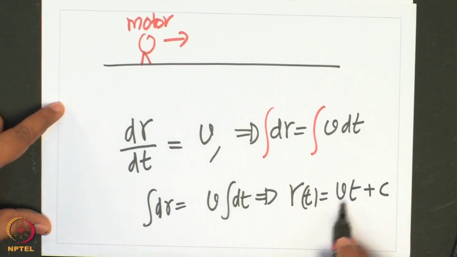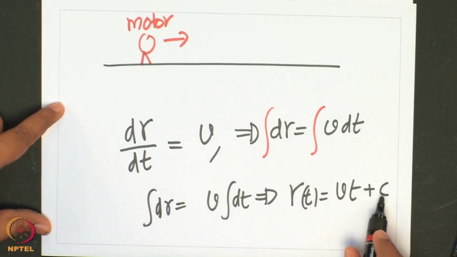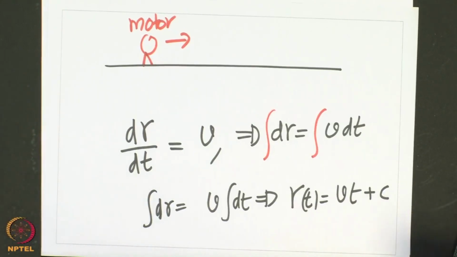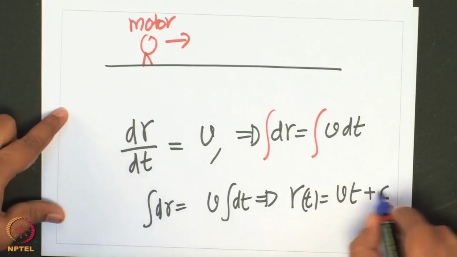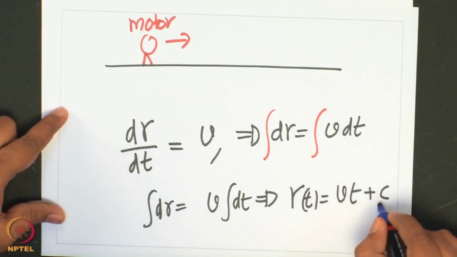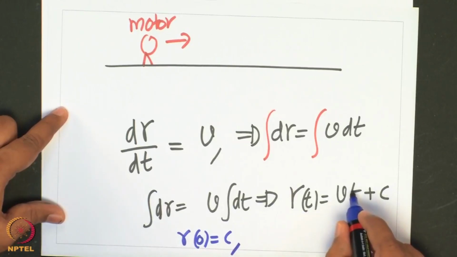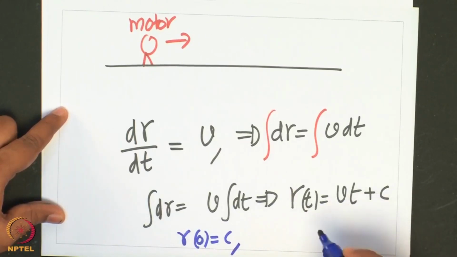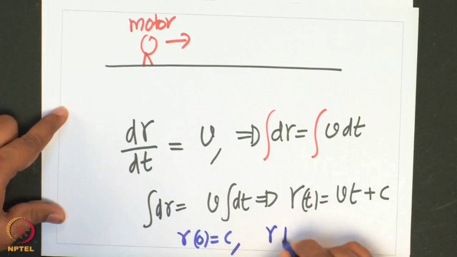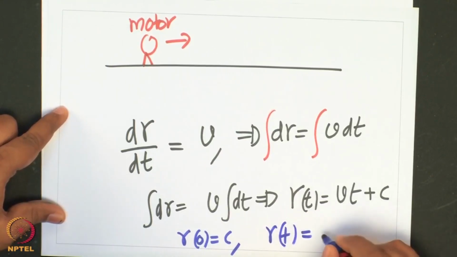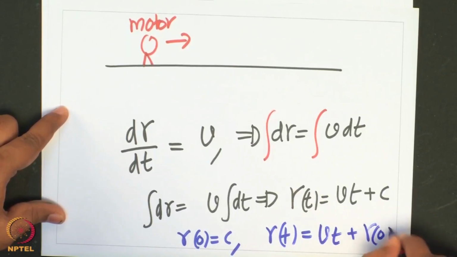Now, what is this constant? If I put time equal to 0, I get R0, so this constant will turn out to be the initial position. In other words, the full equation will turn out to be R of t is equal to Vt plus R0.